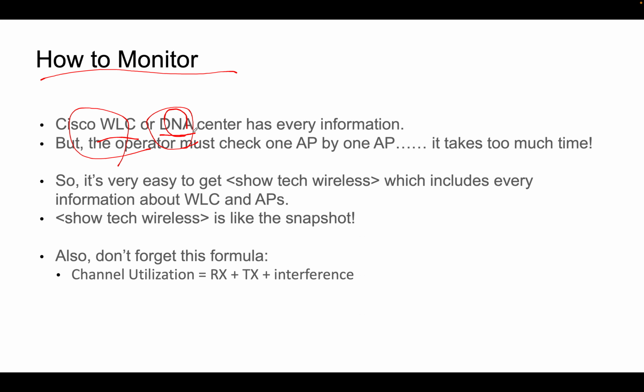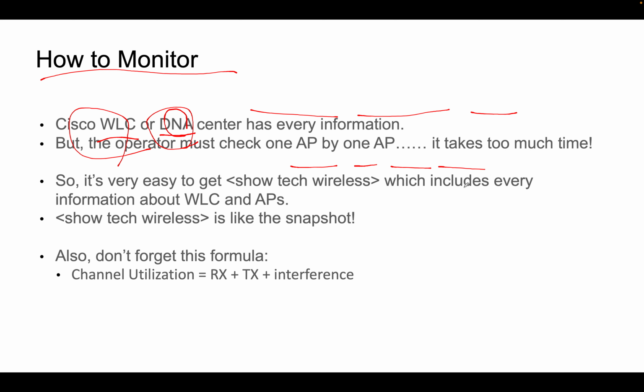It's essential, mandatory when you use Cisco wireless systems. But what I need is five things: channel, AP power level, client, CU, and RX/TX interference.